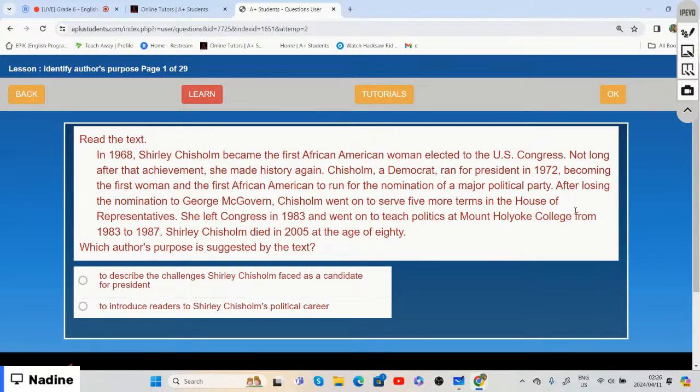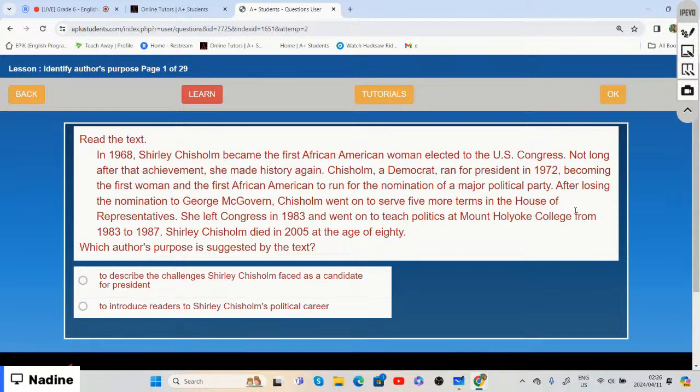All right. So we see that in 1968, Shirley Chisholm became the first African American woman elected to the U.S. Congress. Not long after that achievement, she made history again. Chisholm, a Democrat, ran for president in 1972, becoming the first woman and the first African American to run for the nomination of a major political party.